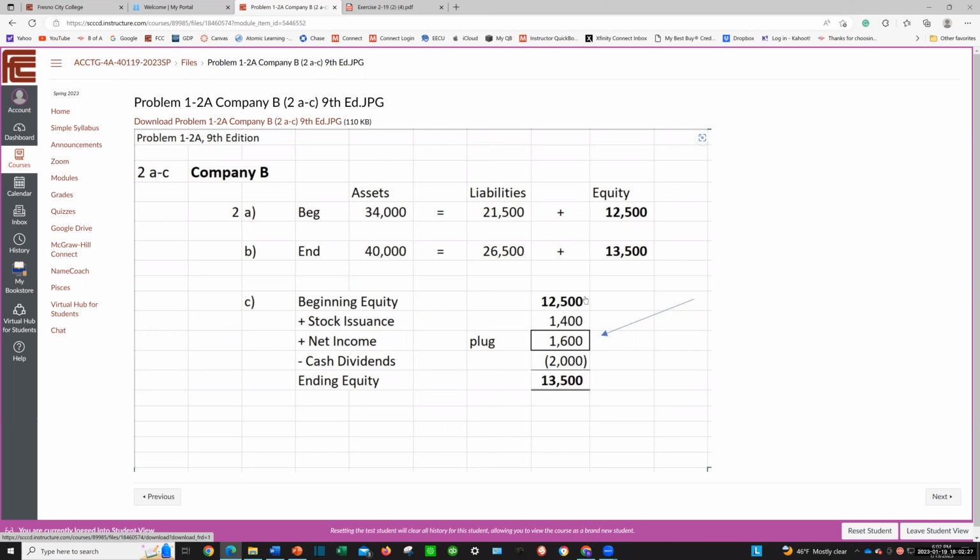So put it in. Also, in the other calculation, you calculated ending equity as 13,500. Put it in. Now you have everything you need to solve for net income. This is all available to you in Canvas, by the way, so you can take a look at it.